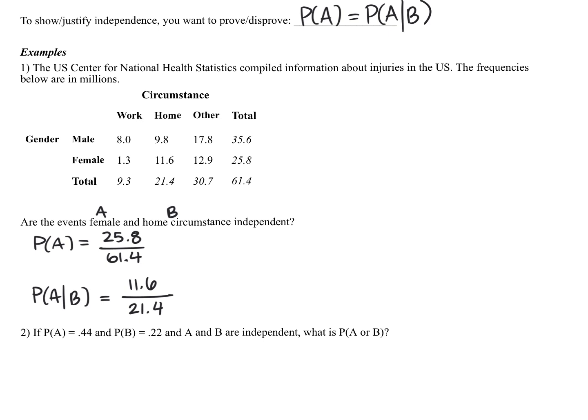These fractions don't look the same, so I'll find their decimals. 25.8 divided by 61.4 is approximately 0.42. 11.6 divided by 21.4 is approximately 0.54. So the probability of A does not equal the probability of A given B, which means these events are dependent.